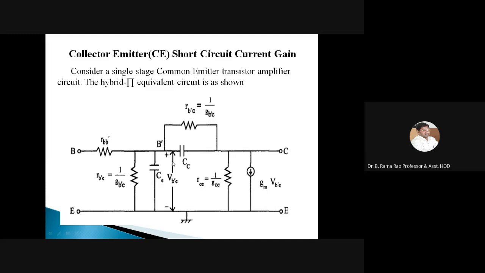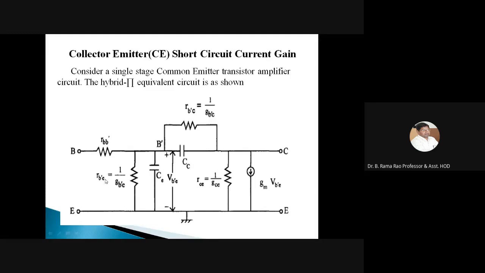There are two capacitances: the diffusion capacitance and the transition capacitance. So the two capacitances and four conductances are the transconductance, input conductance, output conductance, and feedback conductance. With the help of these conductances, we can get the value of the resistances.